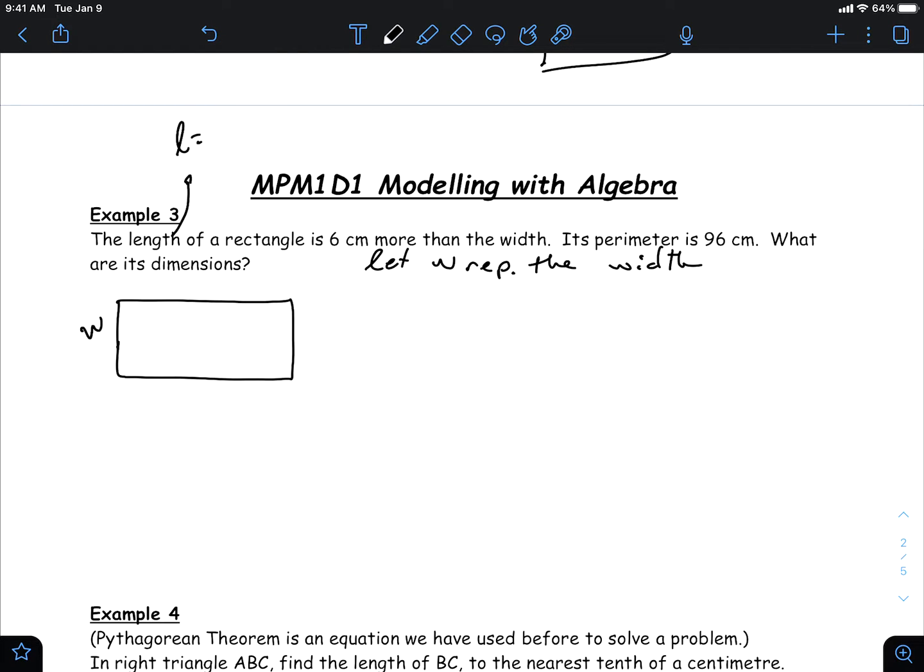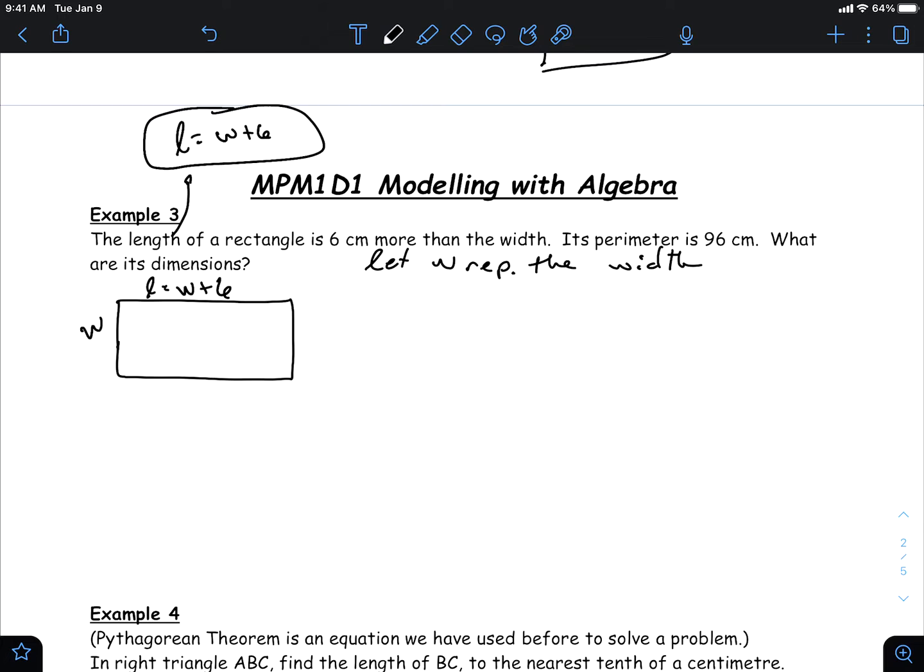Length is equal to the width plus 6 centimeters. It told us that it is 6 centimeters longer than the width, and that's what the length is defined by. I'll get rid of the centimeters because that looks confusing. Length is equal to W plus 6.